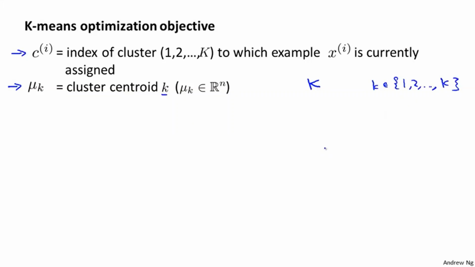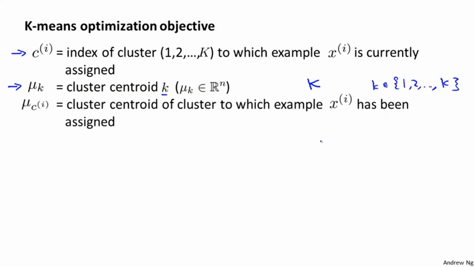Now, here's one more bit of notation, which is going to use mu subscript ci to denote the cluster centroid of the cluster to which example xi has been assigned. And here's to explain that notation a little bit more. Let's say that xi has been assigned to cluster number 5. What that means is that ci, that is the index of xi, is equal to 5.